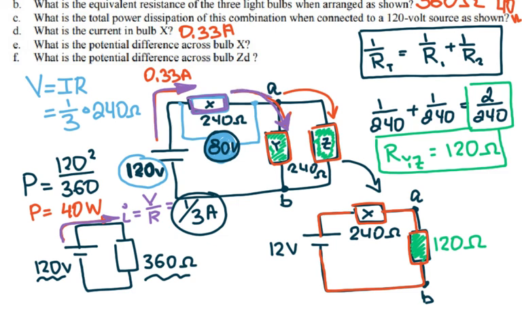So some of those aliens will go this way, and some of them will go this way. The aliens that went through resistor Y or the bulb Y have to spend the rest of the volts that they have and get back home. But what's left for them to spend is 40 volts. So the potential difference between point A and B is going to be 40 volts.